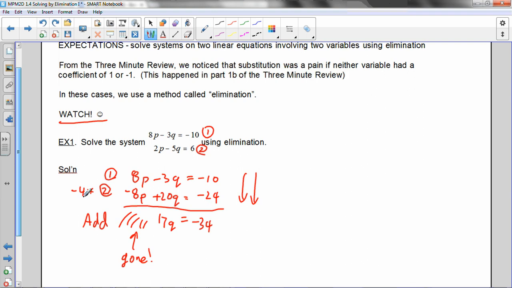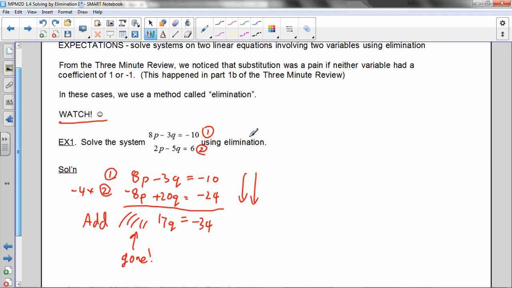So why did I multiply by -4? I hope some of you have already guessed. I multiplied by -4 so that when I add it down, the p's would be gone. So I have to choose something to multiply one of the equations by, so that when I add, one of the variables disappears. Okay?